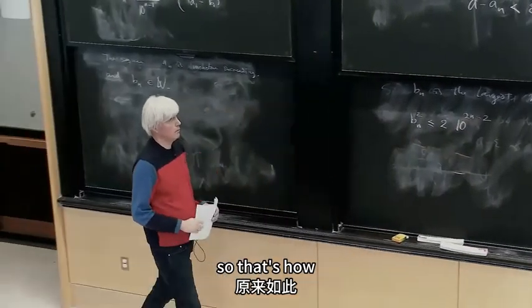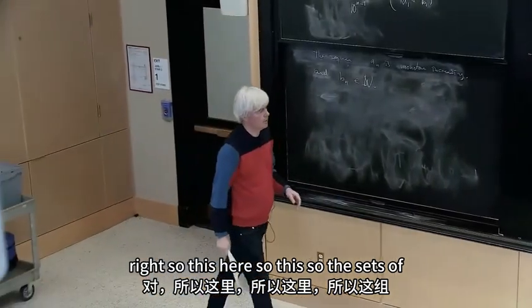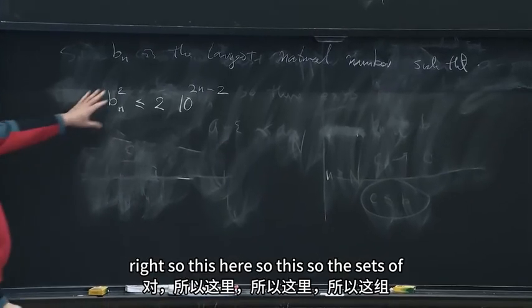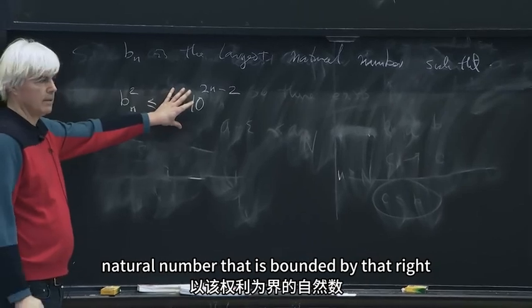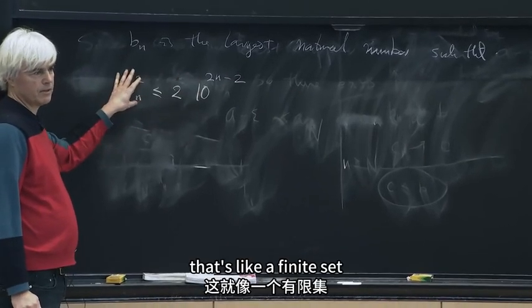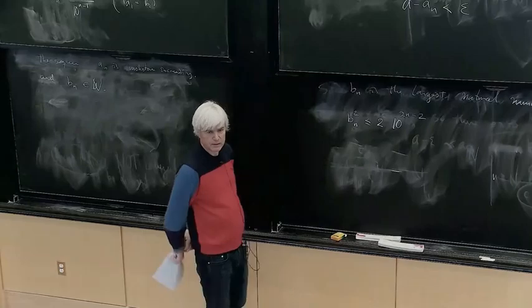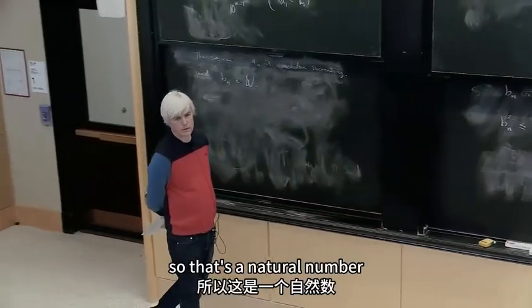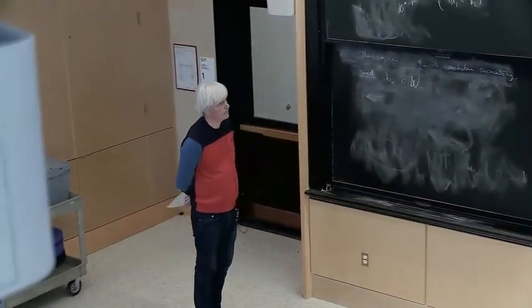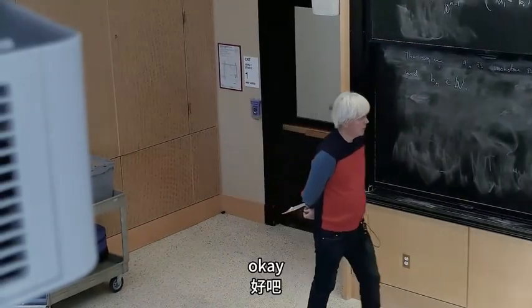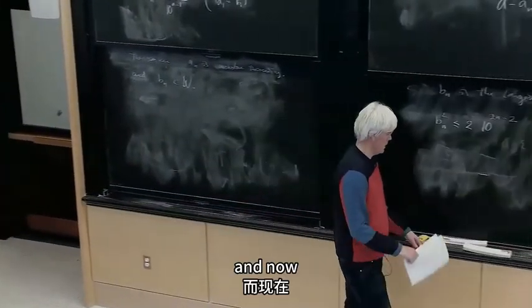The set of natural numbers bounded by that is a finite set, so you just take the max of that set. So that's a natural number.